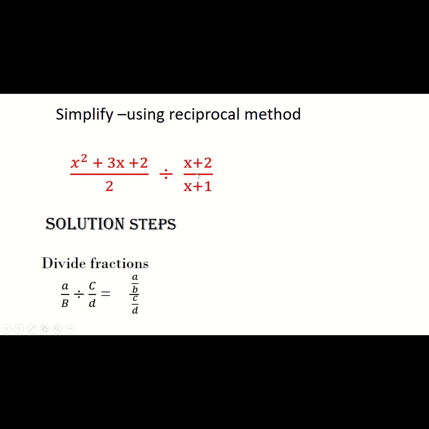So the x plus 2 on the top will come to the bottom, and x plus 1 will go to the top, and the sign here is going to change to times, or multiplication. And the method we use here is called the reciprocal method to solve this kind of problem. And we're going to see.